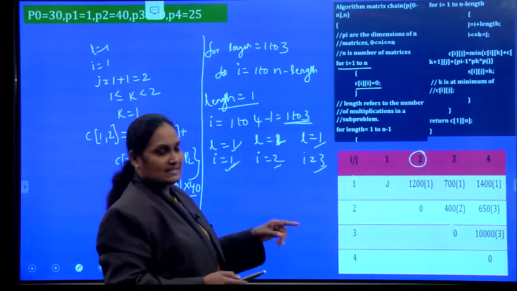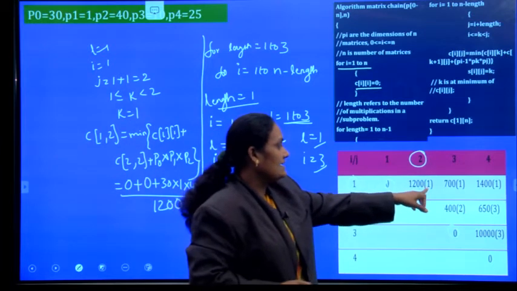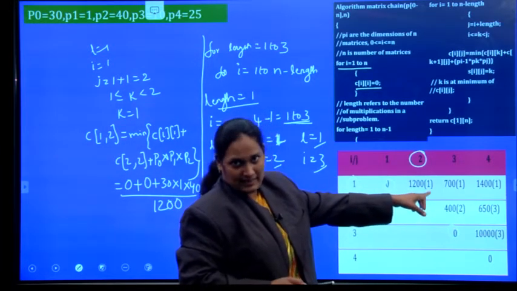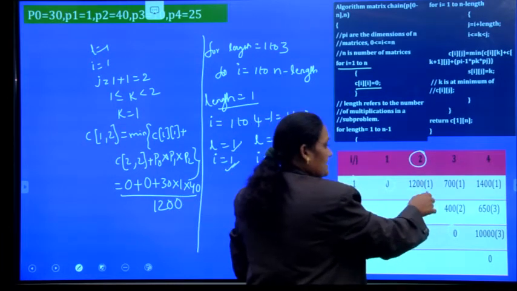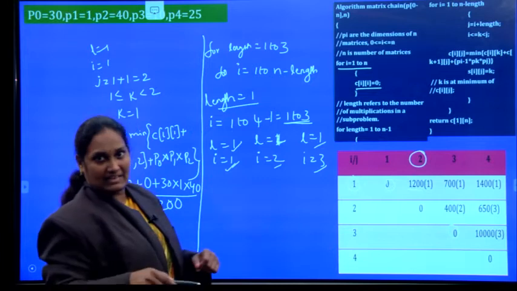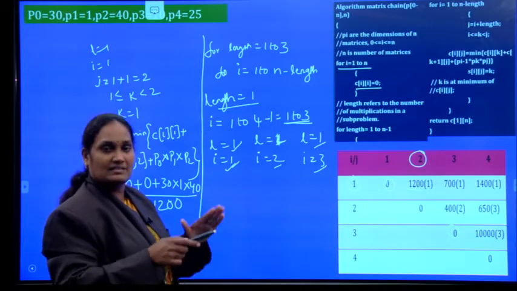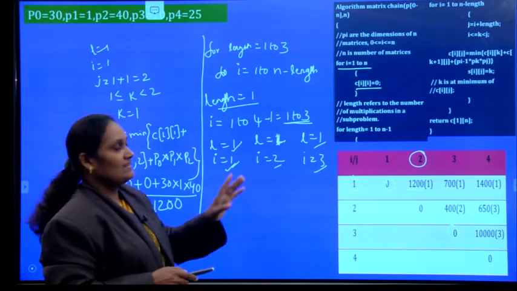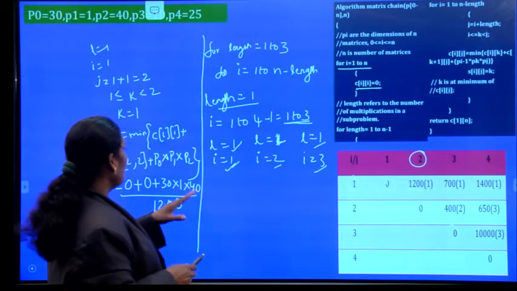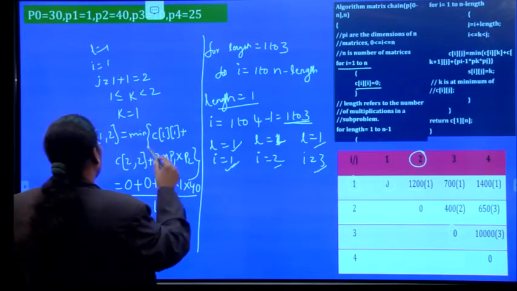C12 is 1200, and its corresponding k value I write in the braces, which is 1. Within the braces we write the k value for which we get that minimum cost, that is 1200 and k value is 1. In the same way we can solve the next values also.